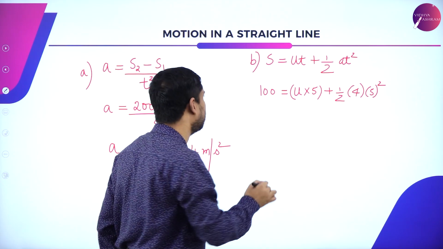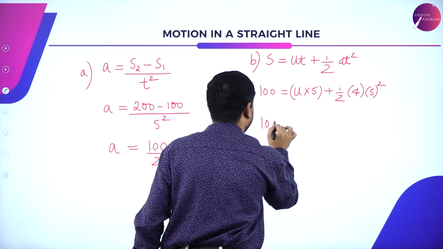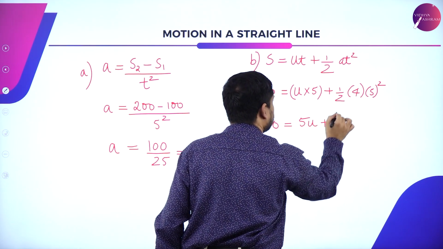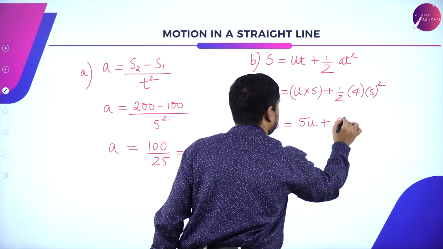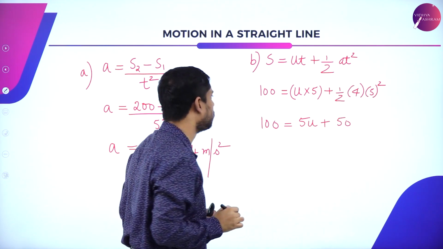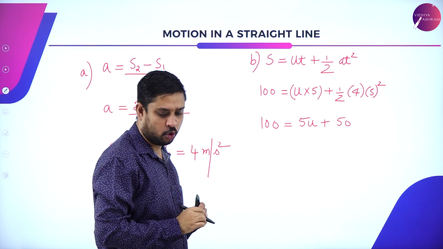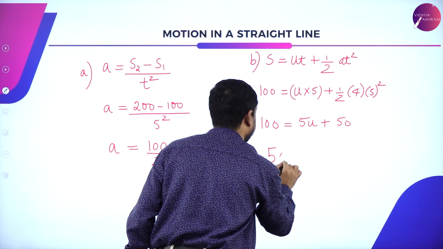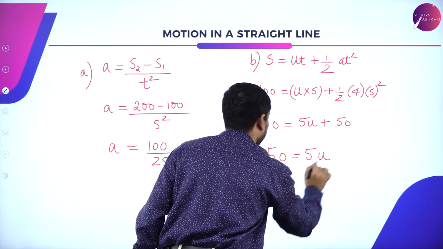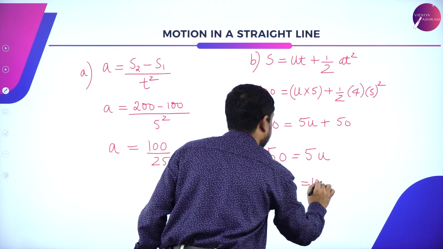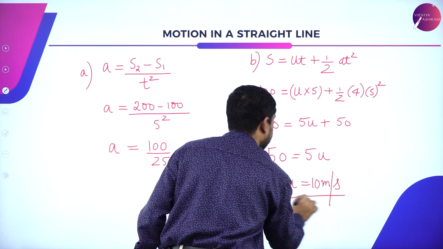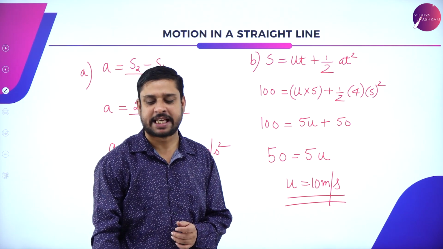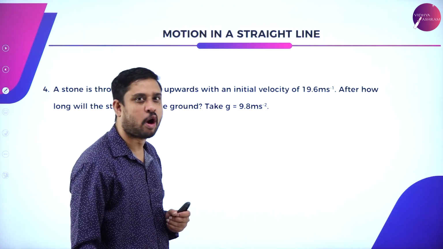So 100 is 5u plus half times 4 into 25, so 50 is 5u, or u is 10 meter per second. Again, very simple simplifications. An assignment problem for you all.